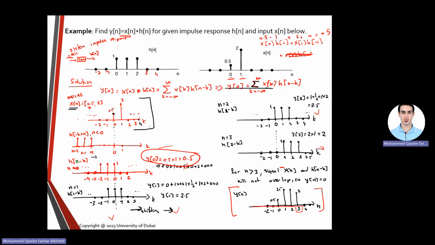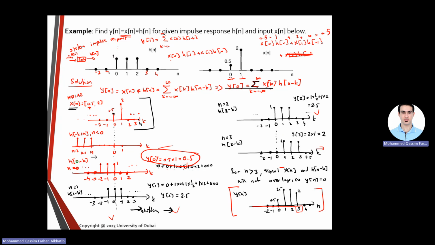Now y of 1. y of 1 equals summation k equals negative infinity to infinity, x of k, h of 1 minus k. Again, similarly, we have values only for k at 0 and 1 for x. So I have x of 0, h of 1, plus x of 1, h of 1 minus 1, that is 0.